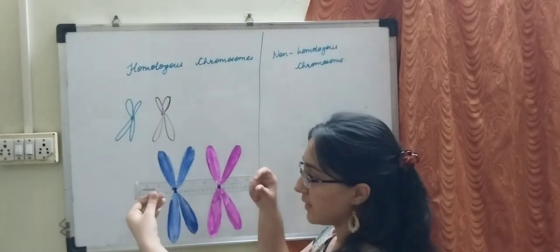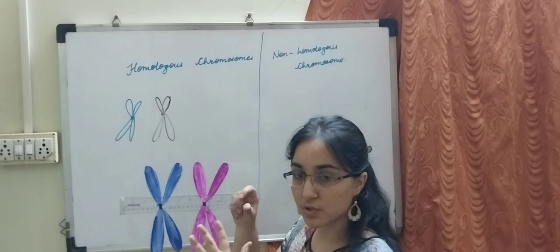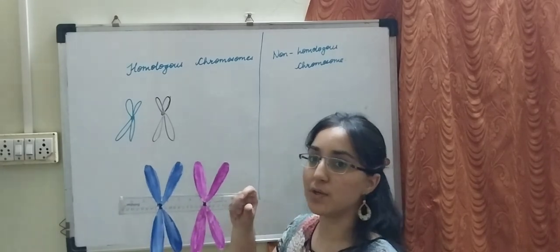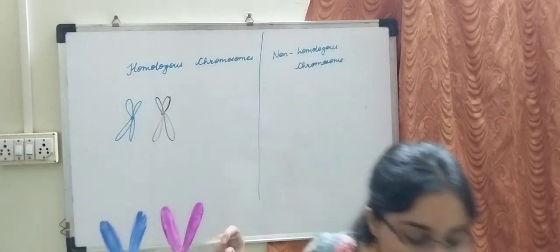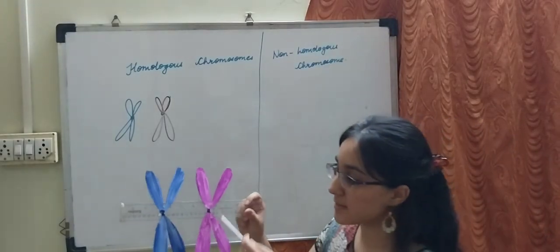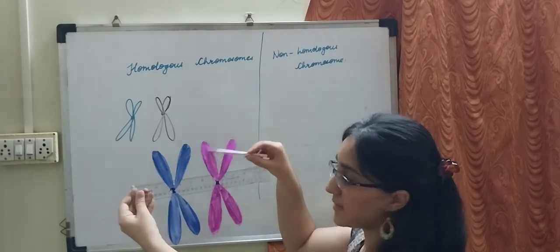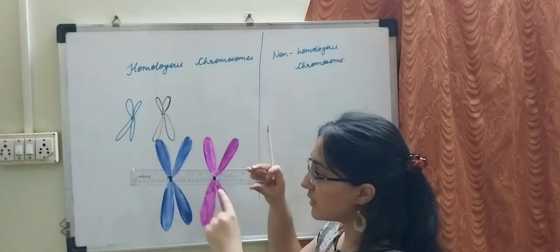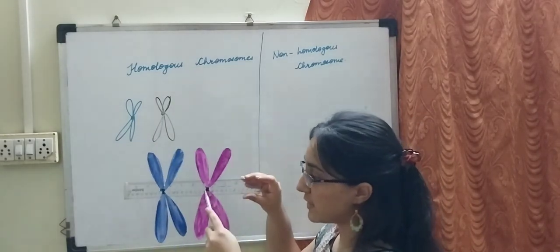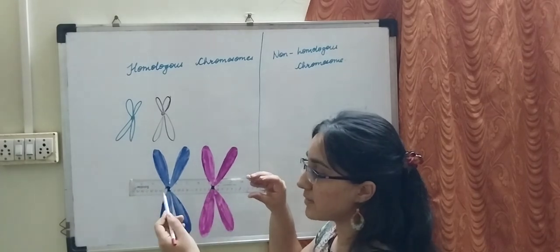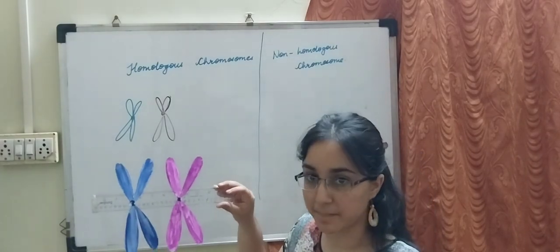If you can see, these chromosomes are exactly identical to each other. Now how are they identical? The arm sizes are exactly the same. The centromere position of this one and this one is exactly the same.